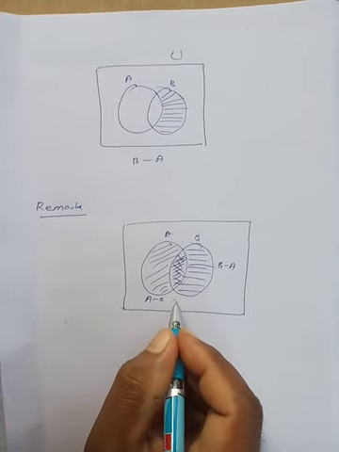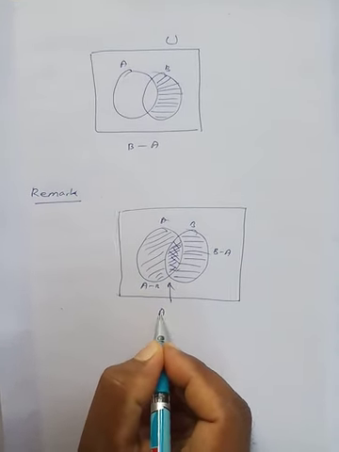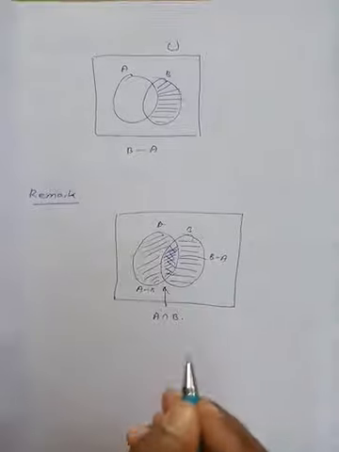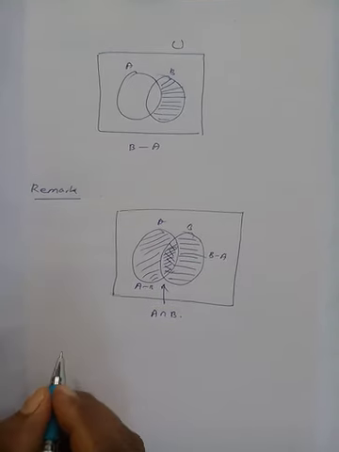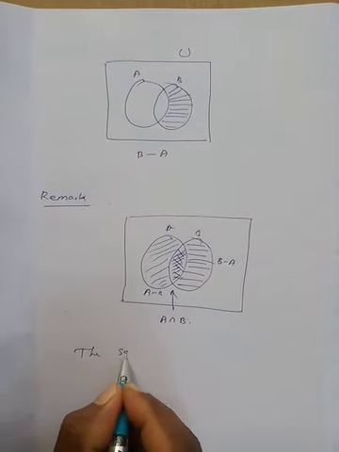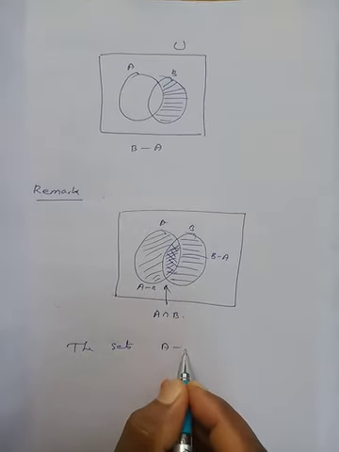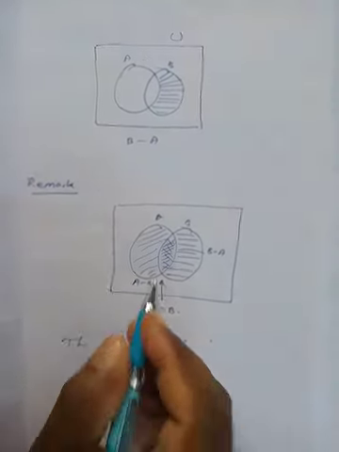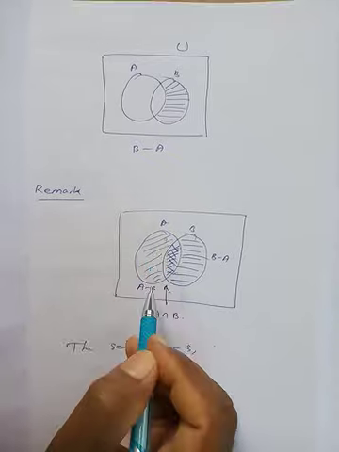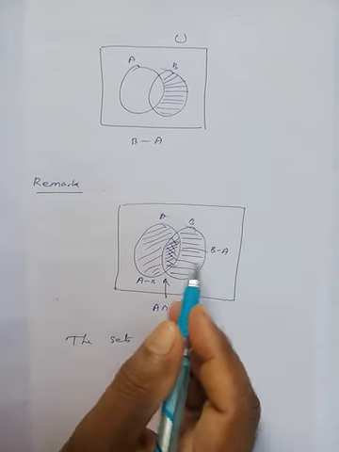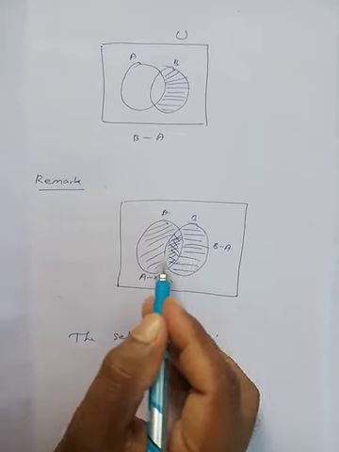This region is A intersection B. The sets A minus B and B minus A are disjoint. No common region for these two.